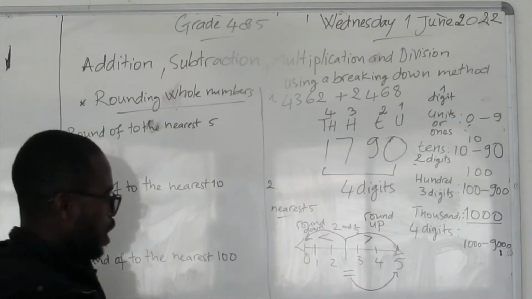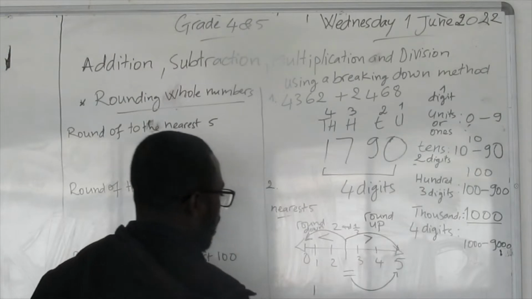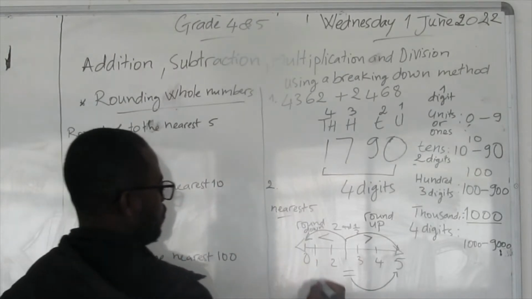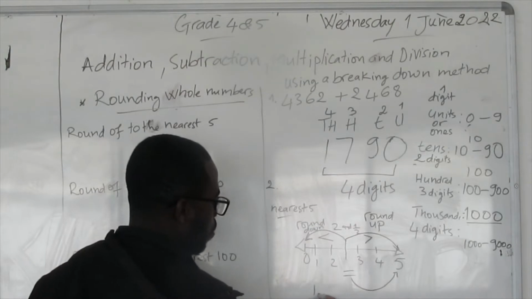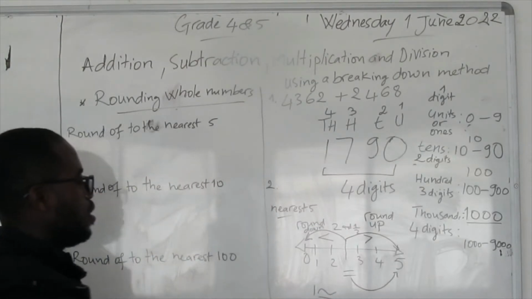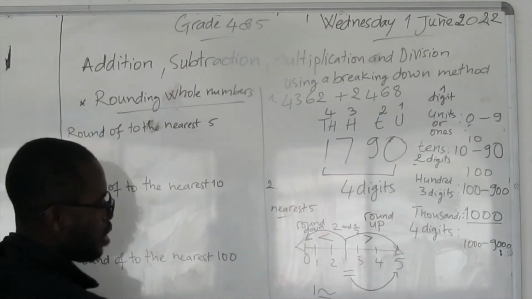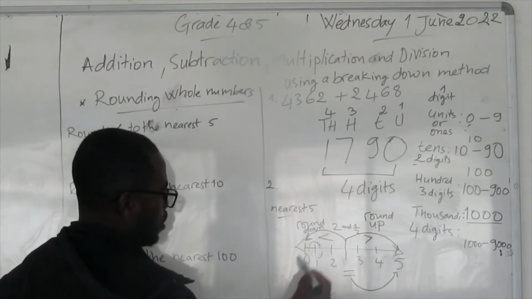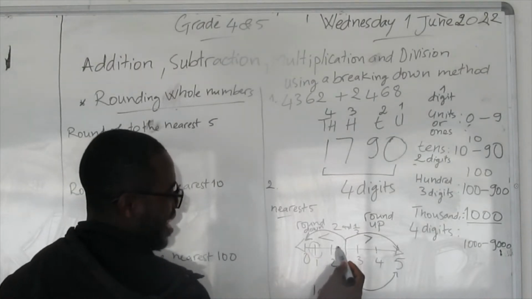Meaning, if you have 1, round 1 to the nearest 5. To round off, we use this sign here. It's not equal, but we use this one. To round 1 to the nearest 5, where is 1? Our 1 is located here. It is below, or less than, the middle.